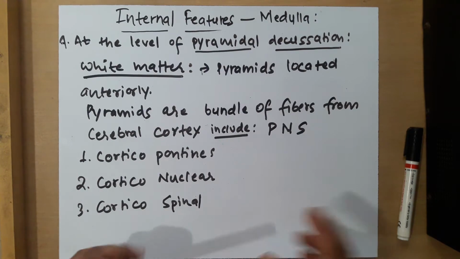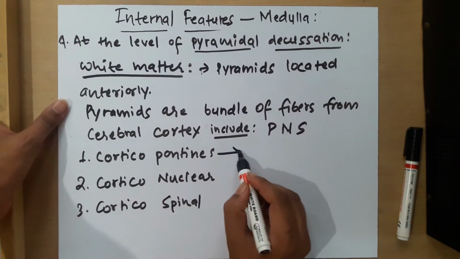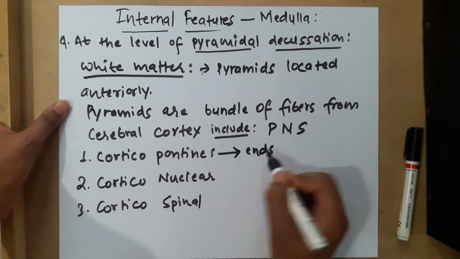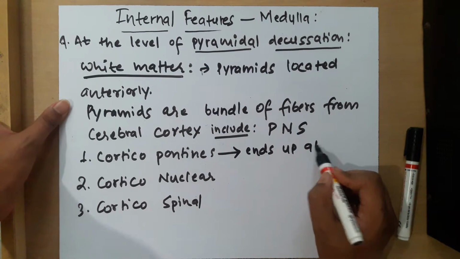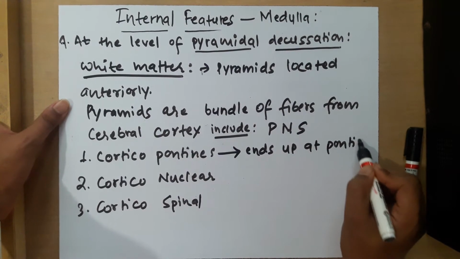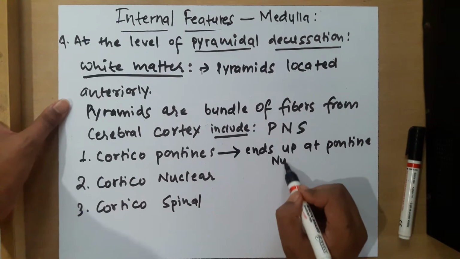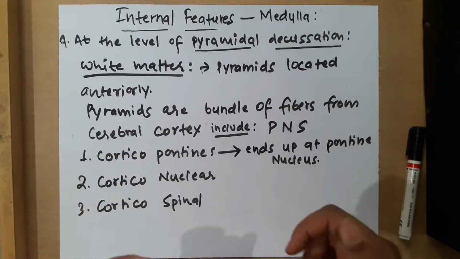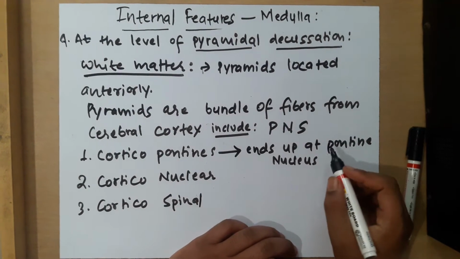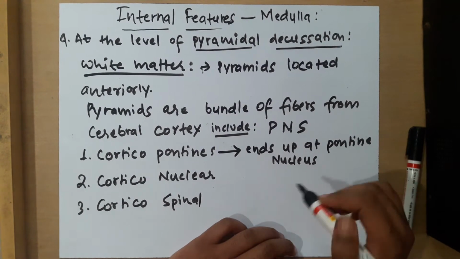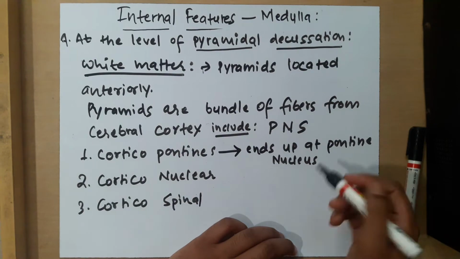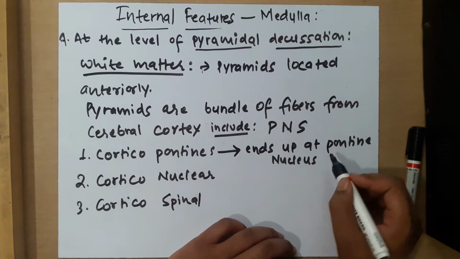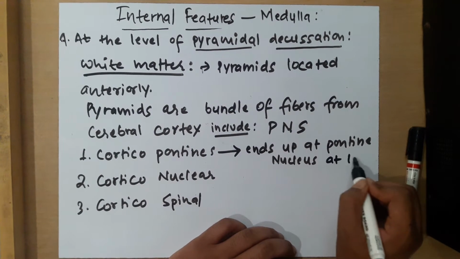Among them, the corticopontine ends up at the pontine nucleus. For now, just remember this much, that it ends at the pontine nucleus. The pontine nuclei are present in the pons, so while discussing the pons, we'll discuss them.